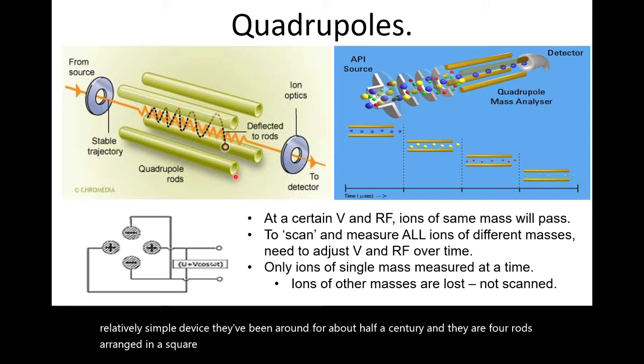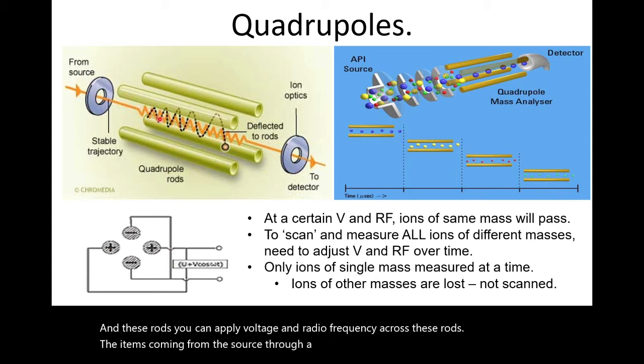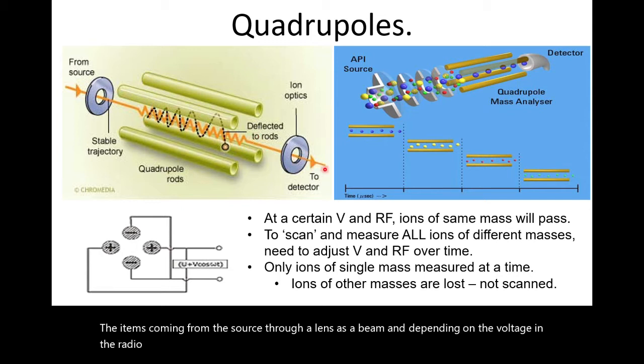You can have 6, you can have 8, depending on the application. On these rods, you can apply voltage and radio frequency. The ions come in from the source through a lens as a beam, and depending on the voltage and the radio frequency, a certain mass ion will be allowed to pass out to the other end to the detector.